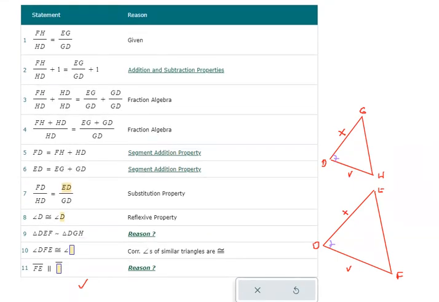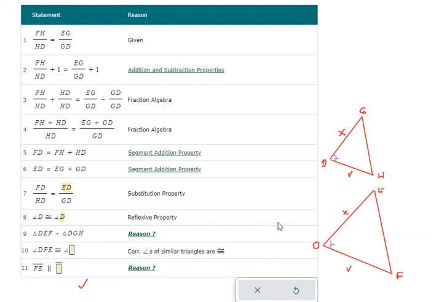And now we do know, from statement 7, two sides were proportional. And from the statement about angles, we know one pair of angles, the angle in between those two proportional sides, is congruent. So which is going to be enough for us to say these two triangles are similar by side angle side.